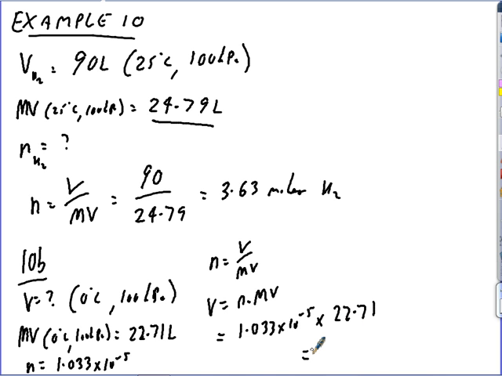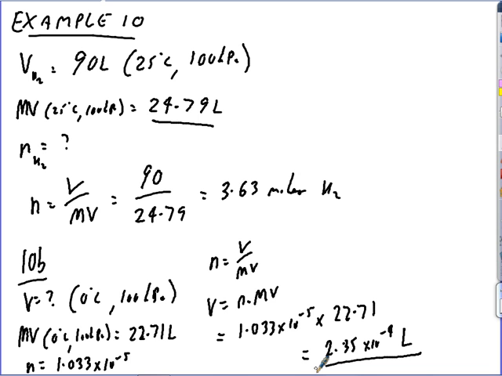Take out a little trusty calculator again. 1.033 times 10 to the minus 5 times 22.71 tells me that that is going to occupy 2.35 times 10 to the minus 4 litres. So if I've got 1.033 times 10 to the minus 5 moles of any gas at 0 degrees, it'll occupy 2.35 times 10 to the minus 4 litres.